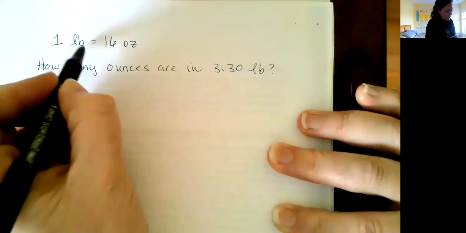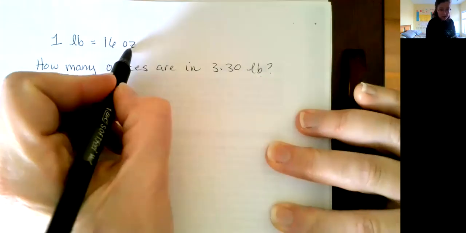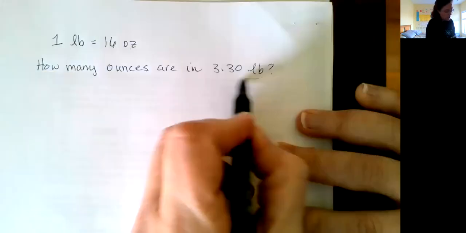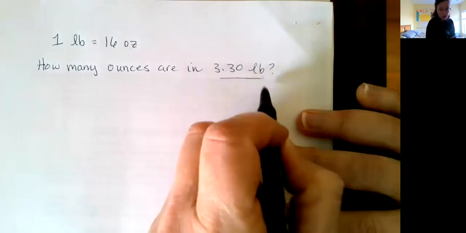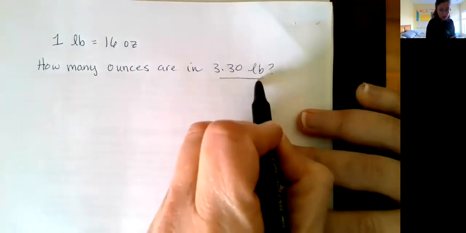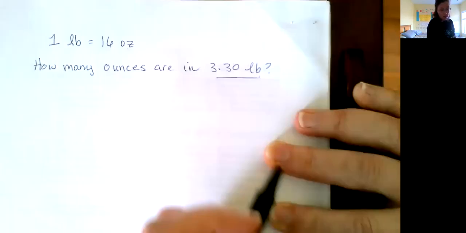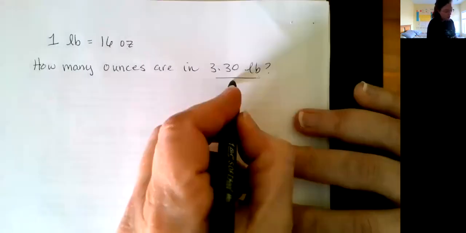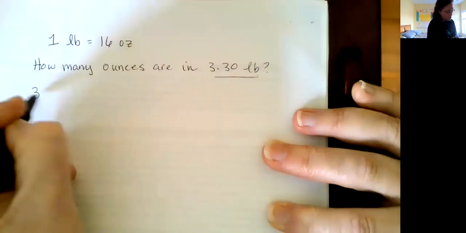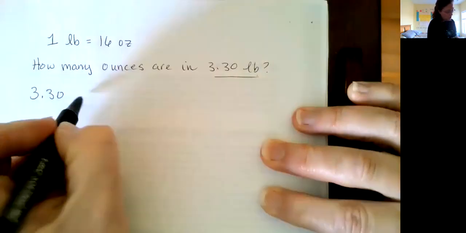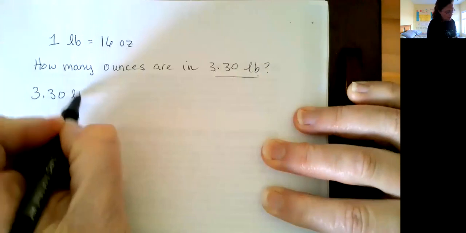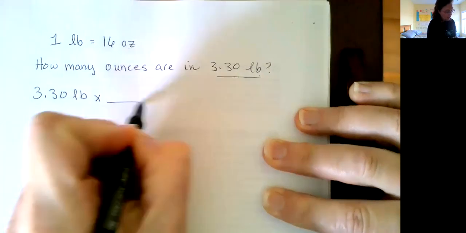We have 2 units, pounds and ounces, and this is the number in units that we're trying to get rid of. These 2 units will go together in a conversion factor. I'm going to start with this information, 3.30, and the pounds times a conversion factor.